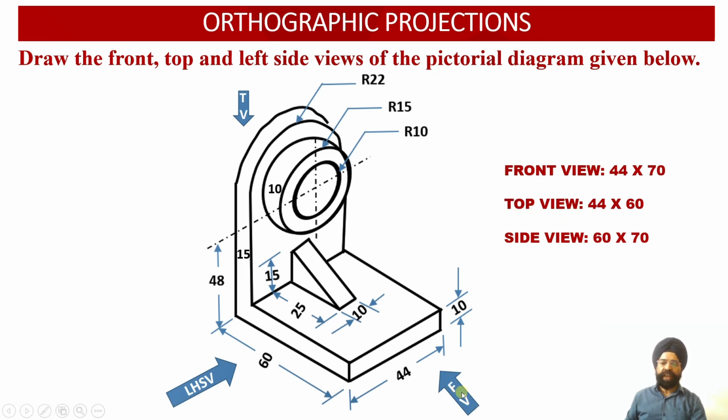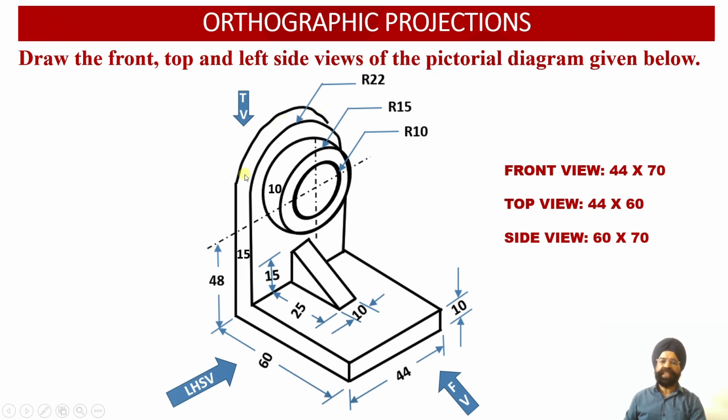Now if we are looking from this side, this is going to be our front view. From the front view, the width of the solid is equal to 44 millimeter, and the height of the solid is equal to 70 millimeter. Please check, this is 48 millimeter up to the center point, and then 22 millimeter is the radius of this top arc.